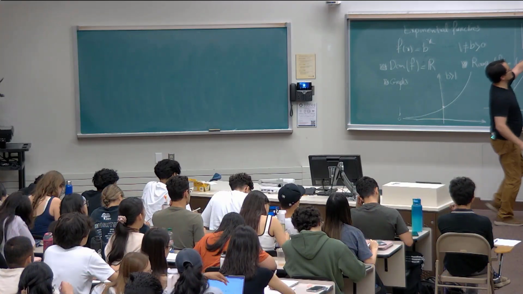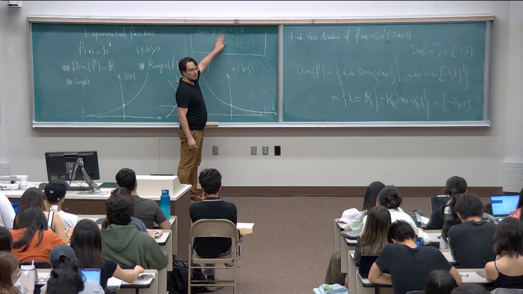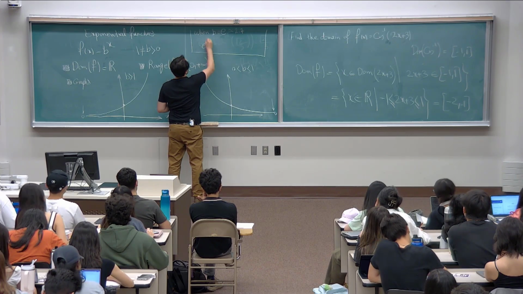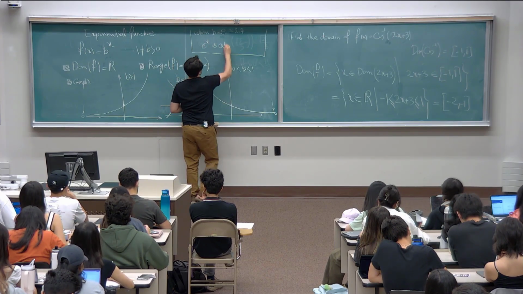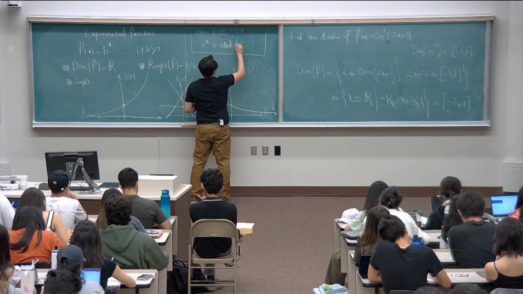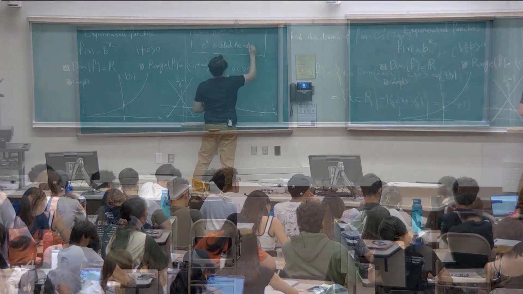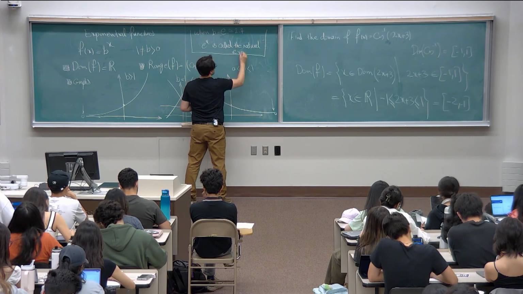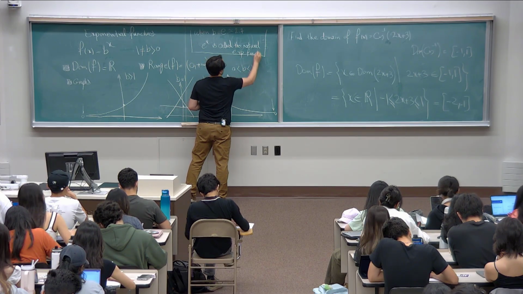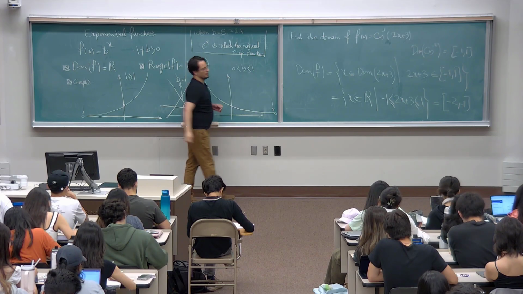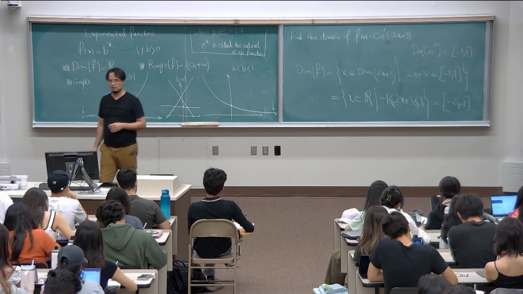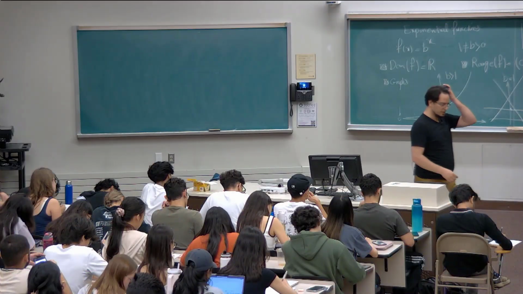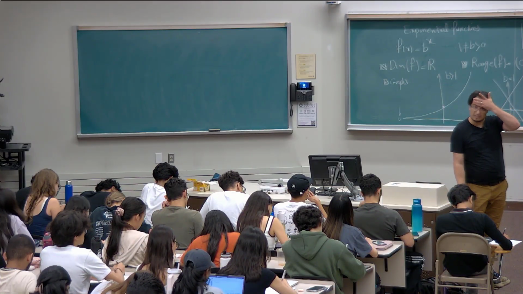When the base is that specific number, E, we call e to the power x the natural exponential function. It's natural for a reason, but most of the time we work with that.